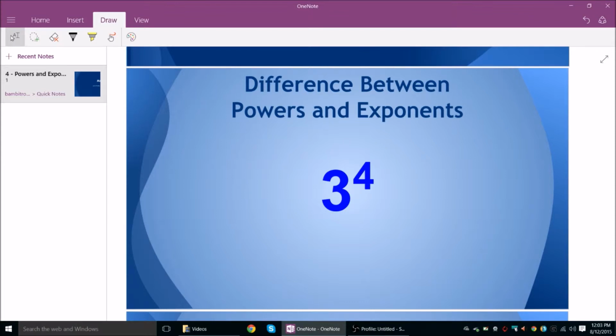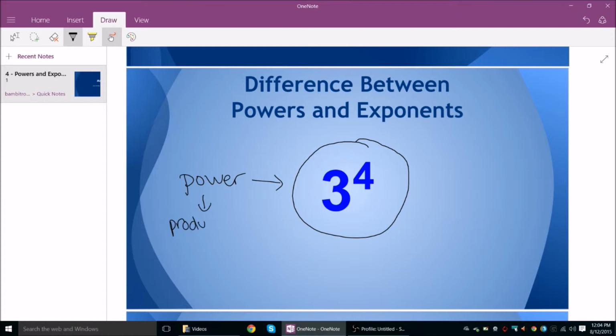Okay? So first off, we use the term power to express what this whole thing is. This whole thing altogether is called the power. Its exact definition is that it is a product of repeated factors.